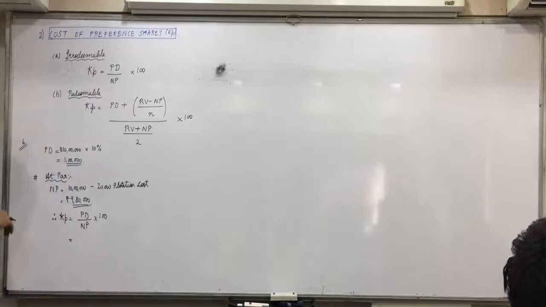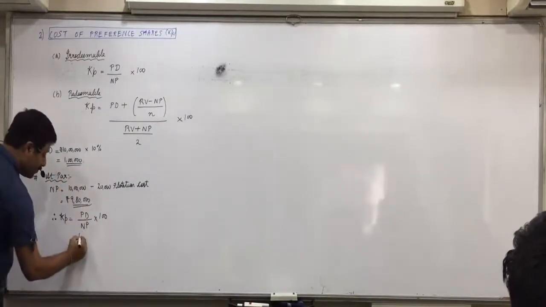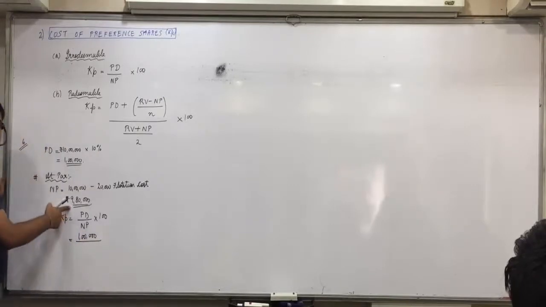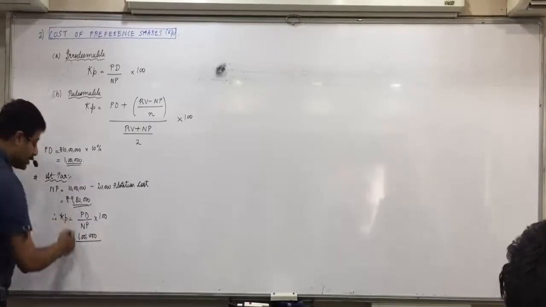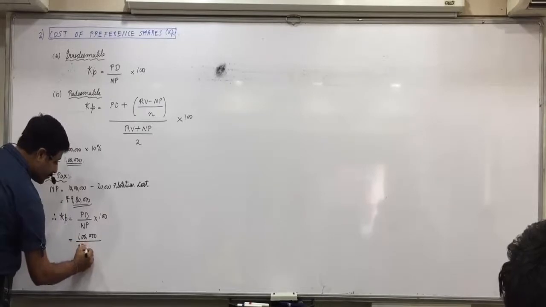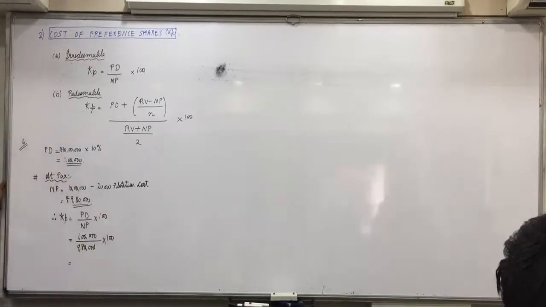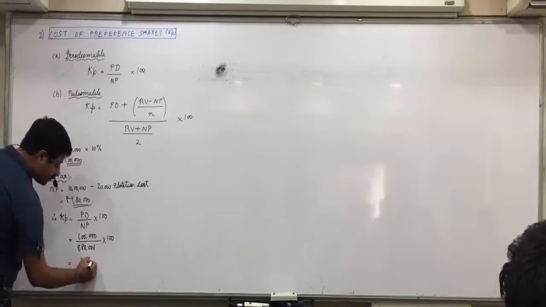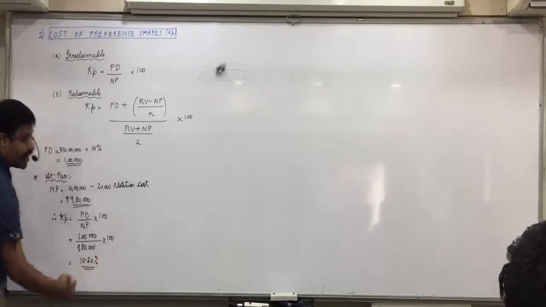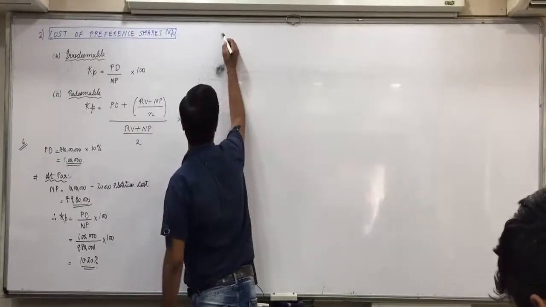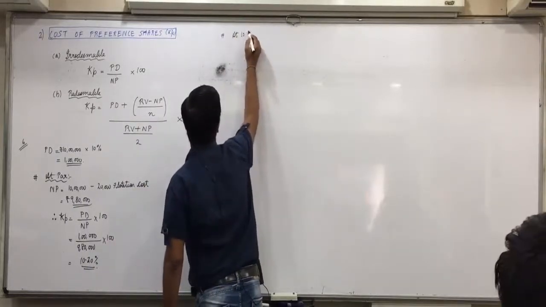What preference dividend did we calculate? 1 lakh, upon the net proceeds we obtained in this situation, 9,80,000, into 100. So what does that come to? 10.20%. Any confusions in this? Now option B, it is issued at 10% premium.